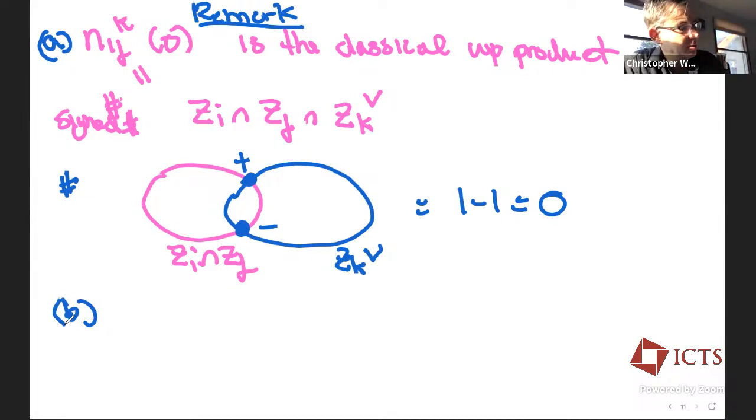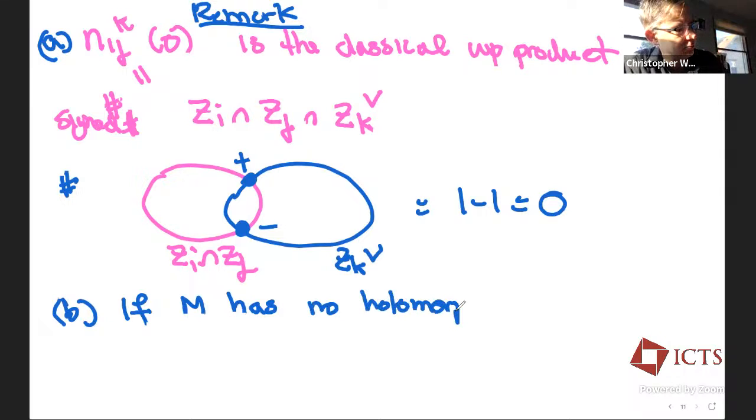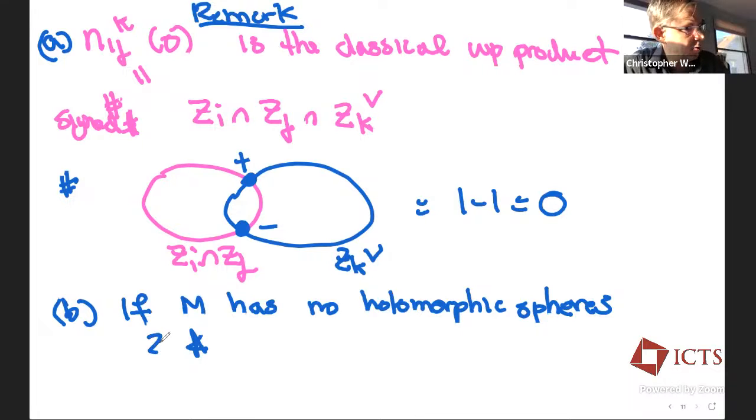As a result, in particular, if M has no holomorphic spheres, then the quantum product is just the same as the classical cup product.